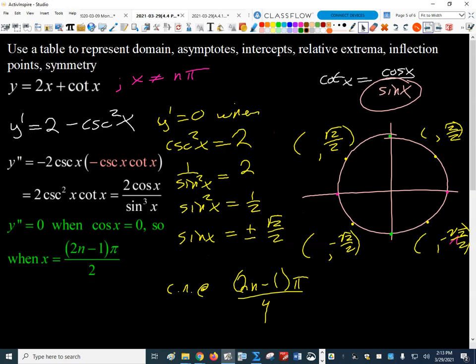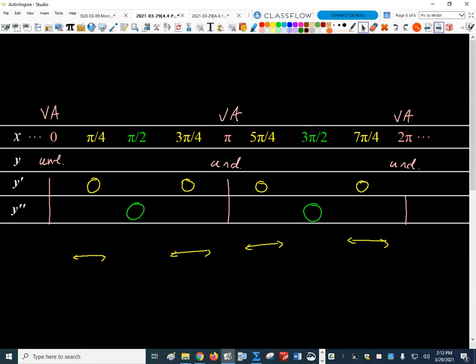Our second derivative, here's our second derivative function conveniently written in terms of cosines and sines. So 2 cosine x over sine cubed x. Gosh, this darn pen.